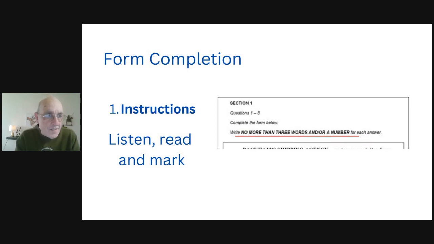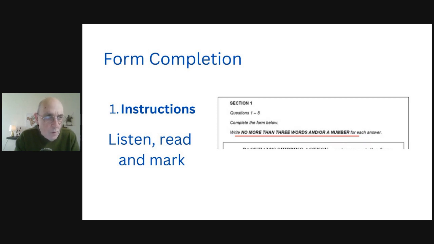In each case, this is the most important step so that you know exactly what you need to accomplish with this task. So first of all, you'll read the instructions and underline them. The reason we underline the instructions is simply to make sure we have implanted in our brain that we have seen and read the instructions and we know the exact criteria for answering the questions, so that there's no second guessing.